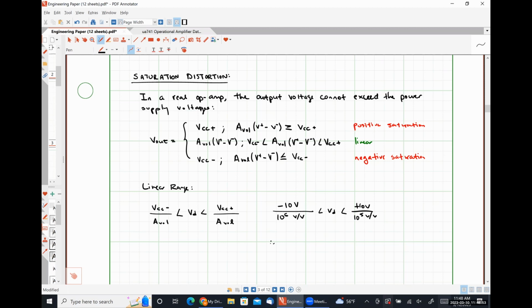This means that our linear range is effectively negative 100 microvolts to positive 100 microvolts. So any input signal or any differential voltage that is outside of that range will cause this particular amplifier to enter into saturation.